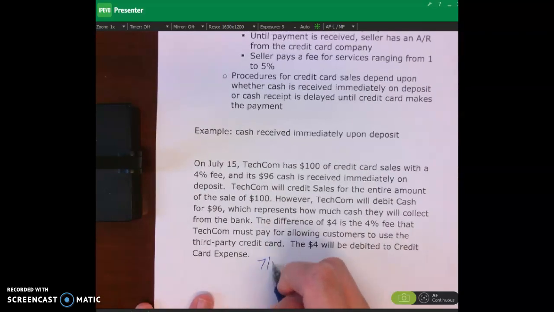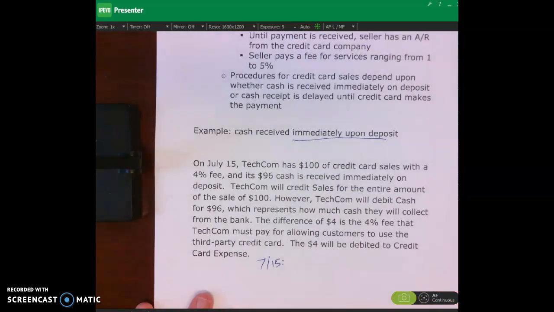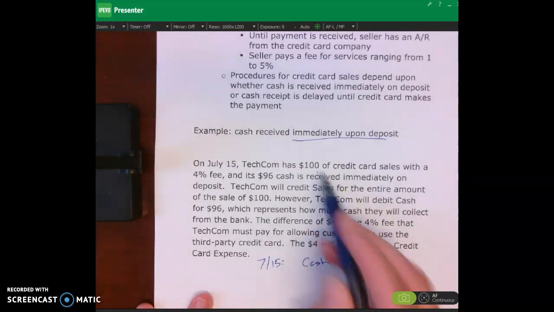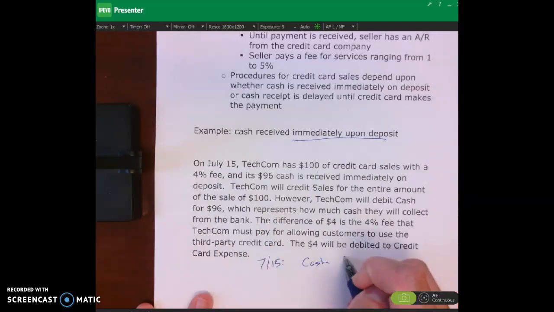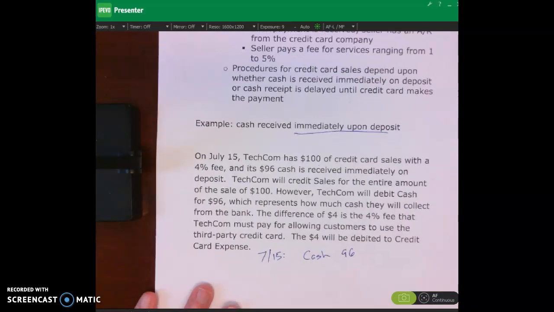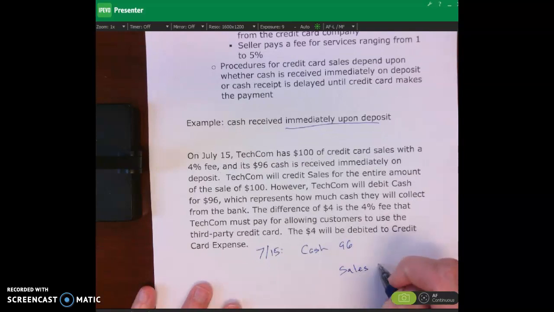So on 7/15, they're getting cash right away, immediately. So we're going to debit cash, and our sales were $100. But we have a 4% fee, so we are debiting cash for $96. Then we can credit sales for our $100.